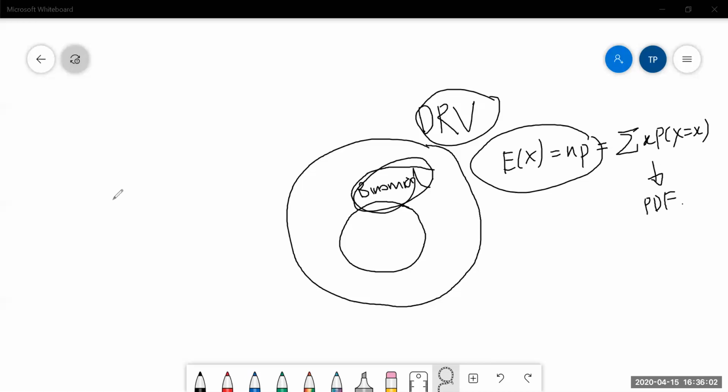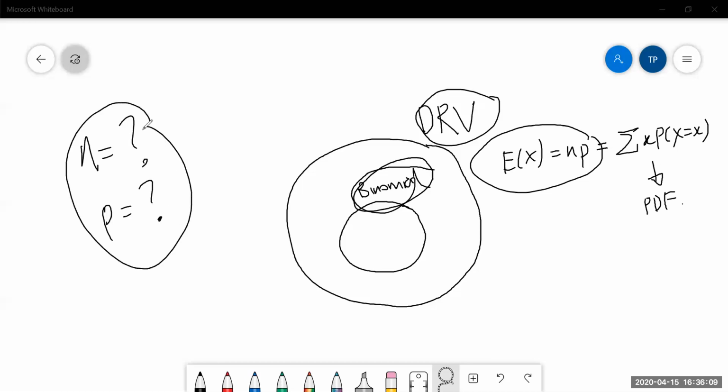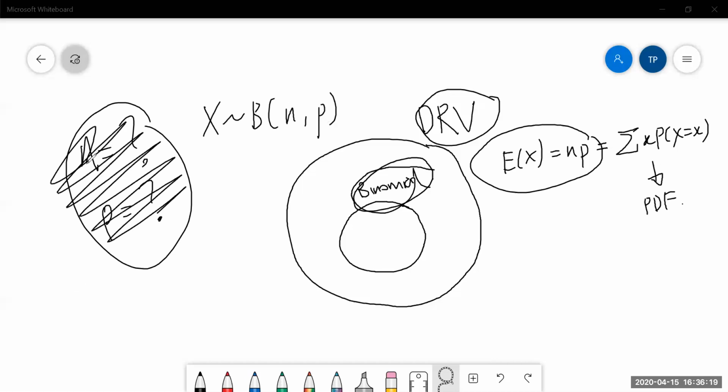But you have to see whether they gave you a fixed number of trials and the probability of success. If yes, then you can say that X follows a binomial distribution n comma p. If they did not give you any of these, they expect you to find for every single value, like X equals 1, what is the probability, X equals 2, what is the probability. Chances are you need to plot the PDF.